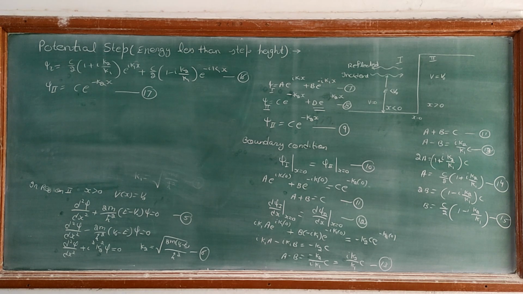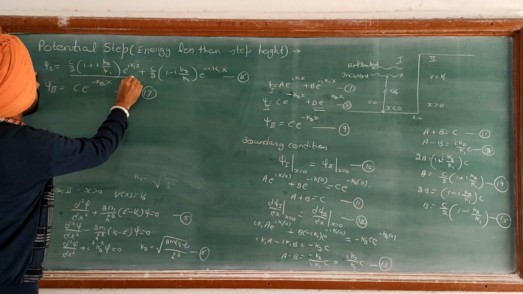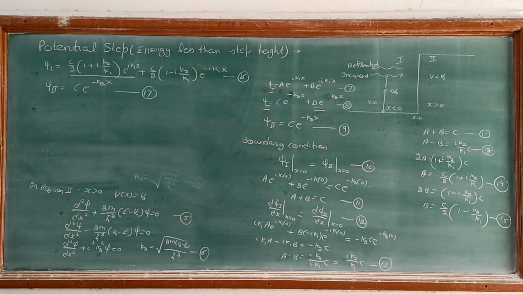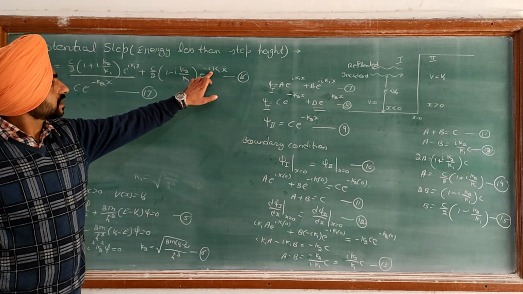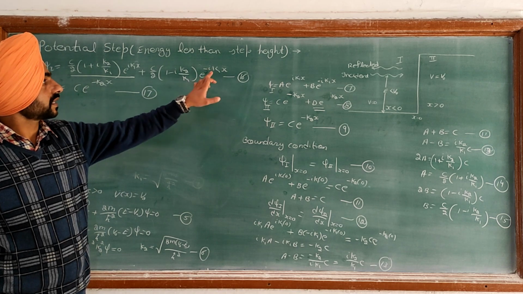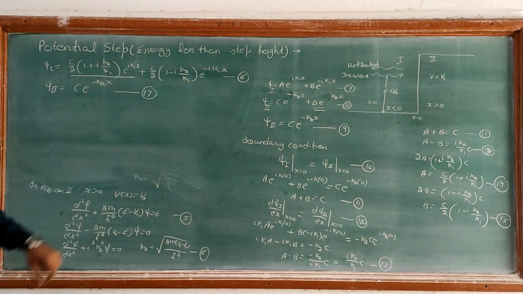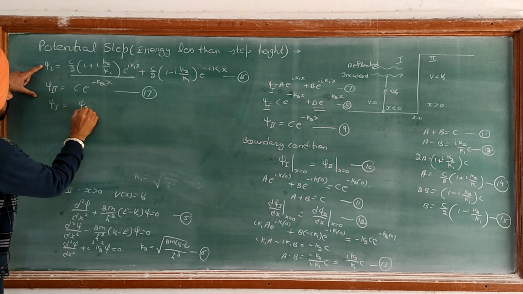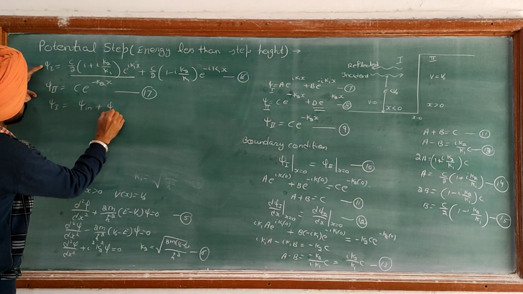The first term in equation 16, the term including exponential iota k1x, represents the incident wave, and the second term represents the reflected wave because it is along the negative x-axis. So it is reflected due to the negative sign, and incident due to the positive sign. I can rewrite psi 1 equal to psi incident plus psi reflected.